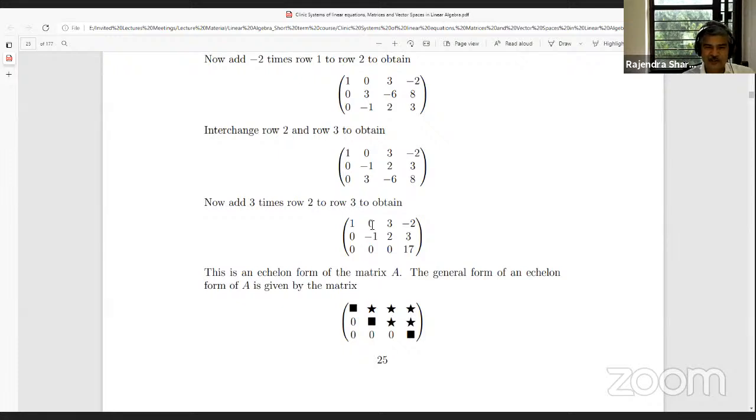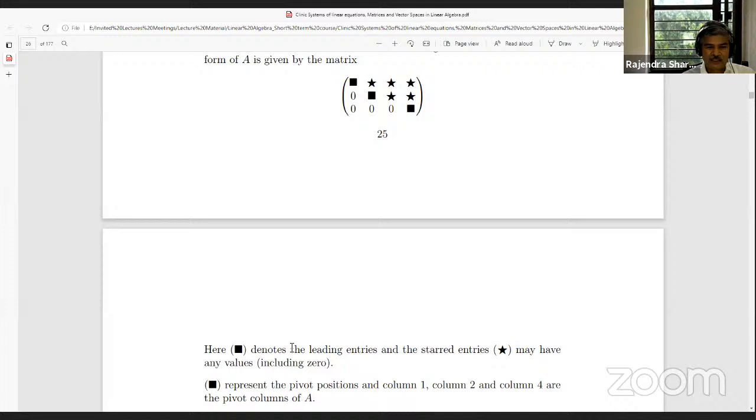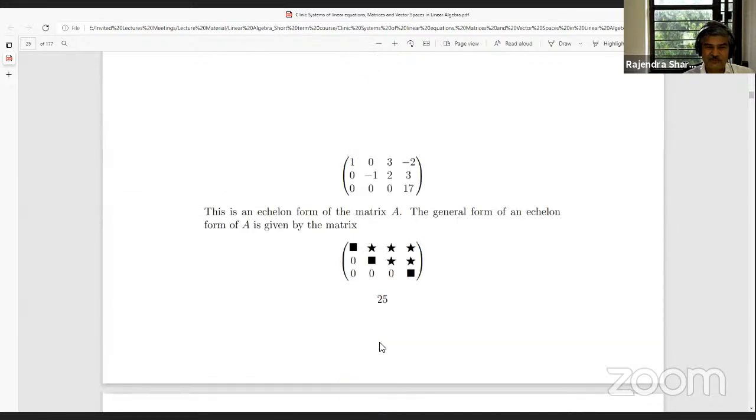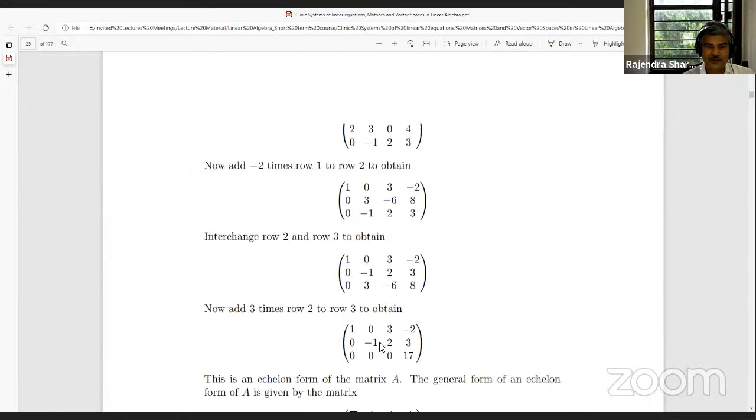They could be 0, for example this, as well as non-zero entries, for example this. So the squares denote the leading terms and the star entries may have any values. The squares represent here the pivot positions, and column 1, column 2 and column 4 are the pivot columns of this matrix A, the original.